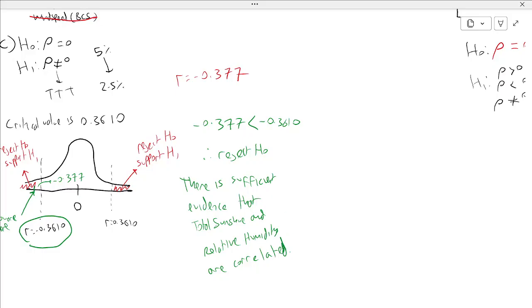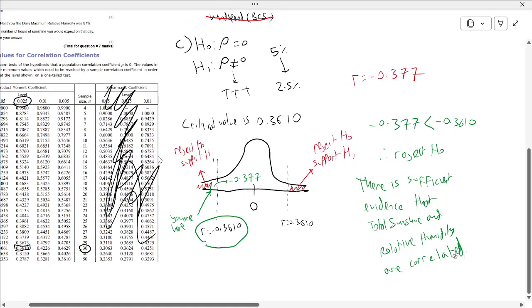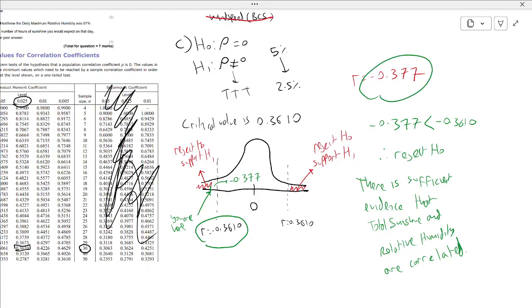Okay, so I found my critical value from the table. I've looked at the correlation coefficient we calculated. It was strong enough, it was stronger than the critical value, so we will say there is a correlation. If we had calculated not 0.377, pretend that was 0.277, we would be in here. I would accept H0.